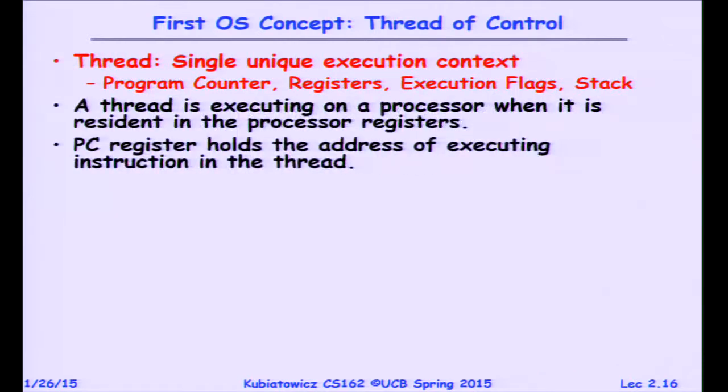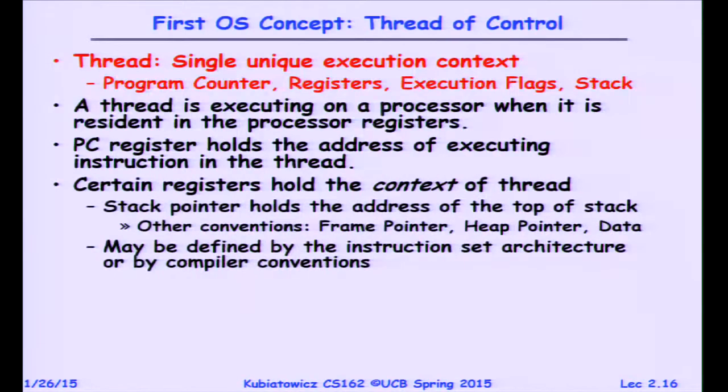So the program counter holds the address of the executing instruction in the thread. Certain registers hold the context. For instance, there's a stack pointer register that points in memory to where the stack is. There's a heap register that points in memory to where the heap is.